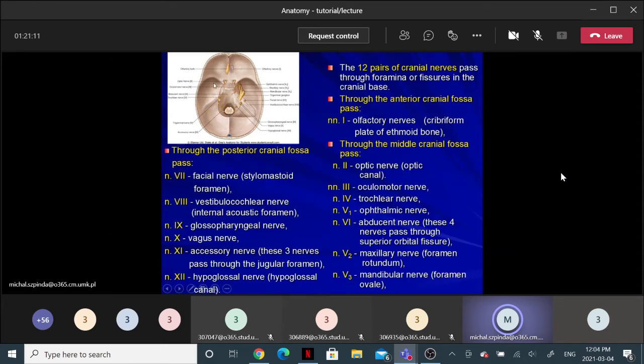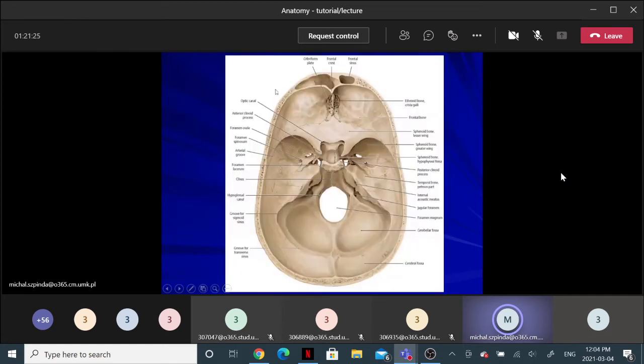All cranial nerves, starting with the second and ending in the sixth, refer to the middle cranial fossa. And just so in the anterior cranial fossa, the cribriform foramina transmit the olfactory nerves, 1.